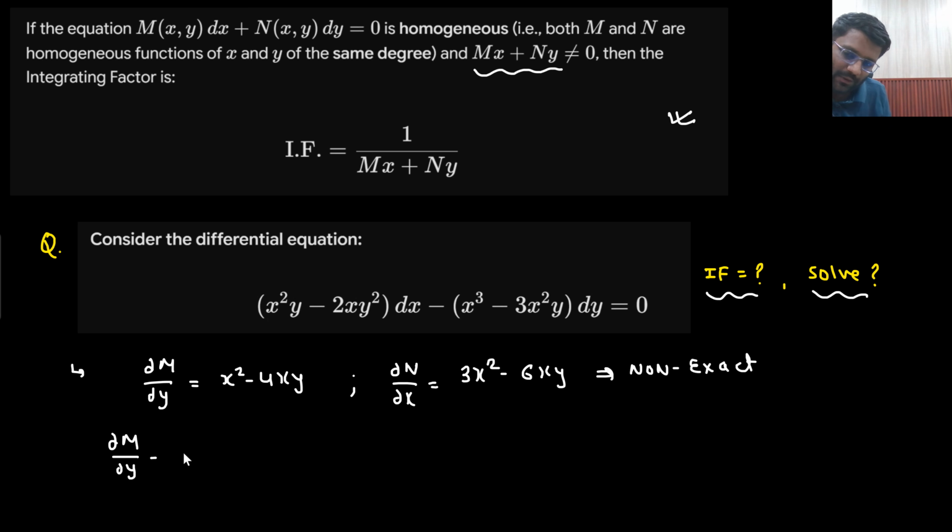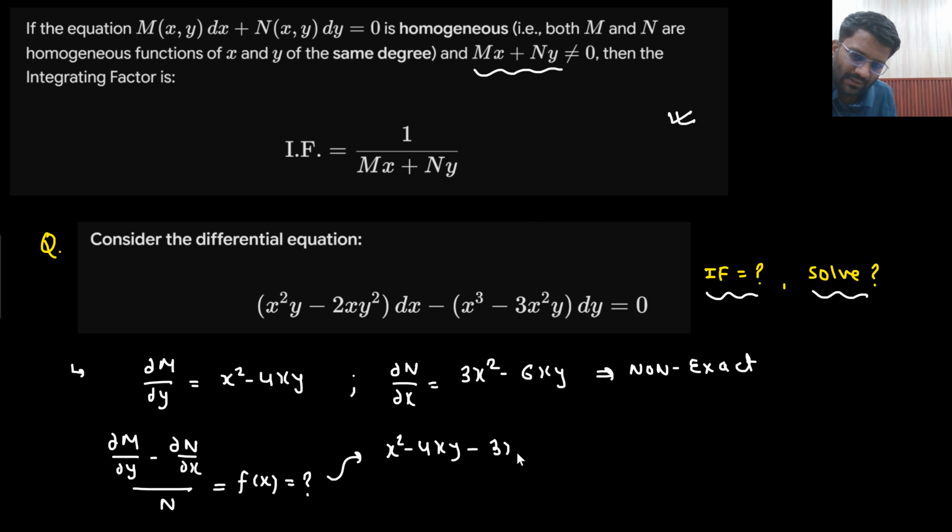Partial differentiation of M with respect to y minus partial differentiation of N with respect to x, divided by N. Let's see if it comes out to be a function of x or not. So let's see: x square minus 4xy minus 3x square plus 6xy, divided by N, which is x cube minus 3x square y.